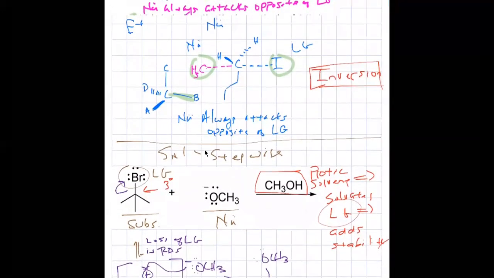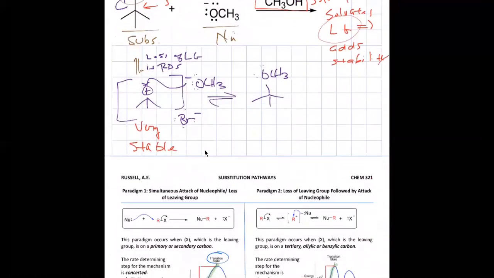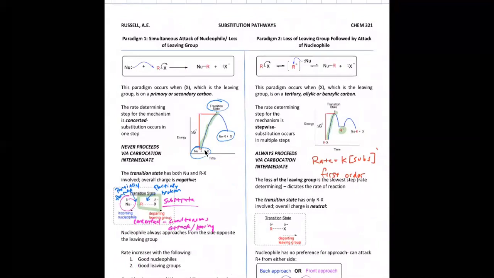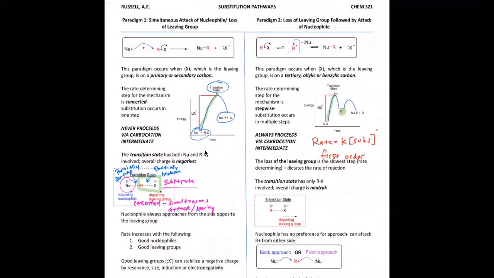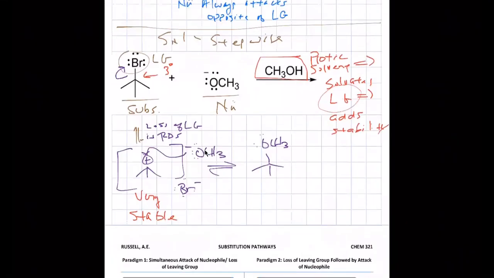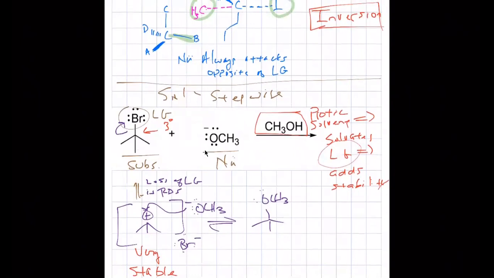We stopped at the SN1, and we talked about the rate, the fact that it's stepwise, and we also talked about the solvent and how the solvent can solvate the leaving group to help speed the reaction up. All right, so let's look at another SN1 example.